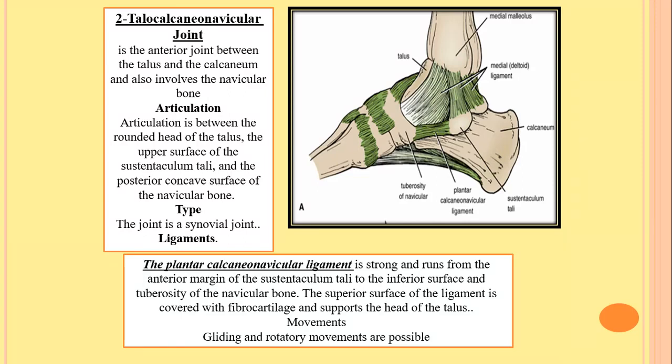Nature has created these joints in such a way that when we walk on uneven surface, on a stone surface, this provides stability of the joint, and the transmission of body force and body weight to the ground is maintained, and in this way we don't fall while walking on an uneven surface.